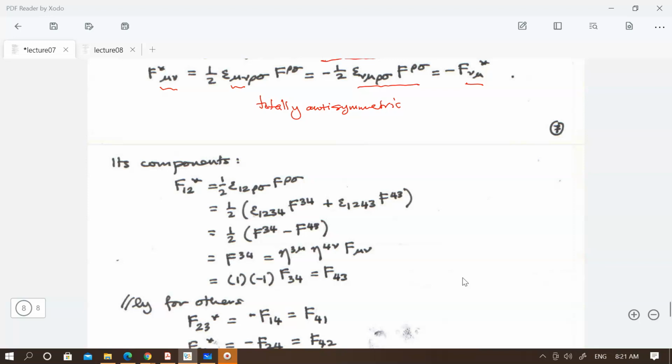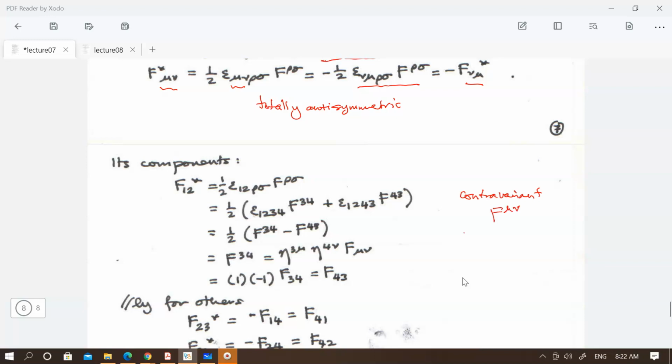So that gives us, if you check the previous definition, epsilon 1, 2, 3, 4 is 1, and 1, 2, 4, 3 is minus 1, so I get that. And remember that your F over here, we have not really introduced this F, is the contravariant version of your field strength tensor, F mu nu.